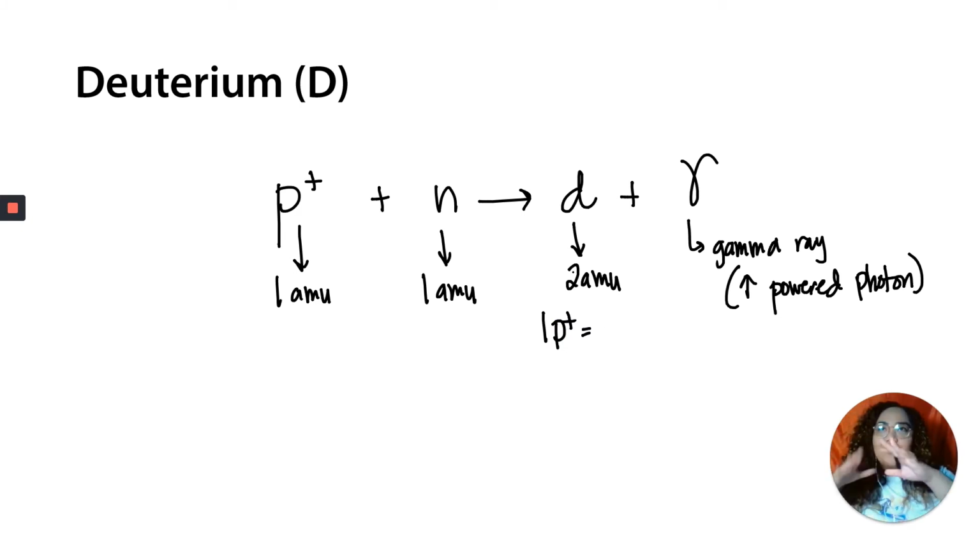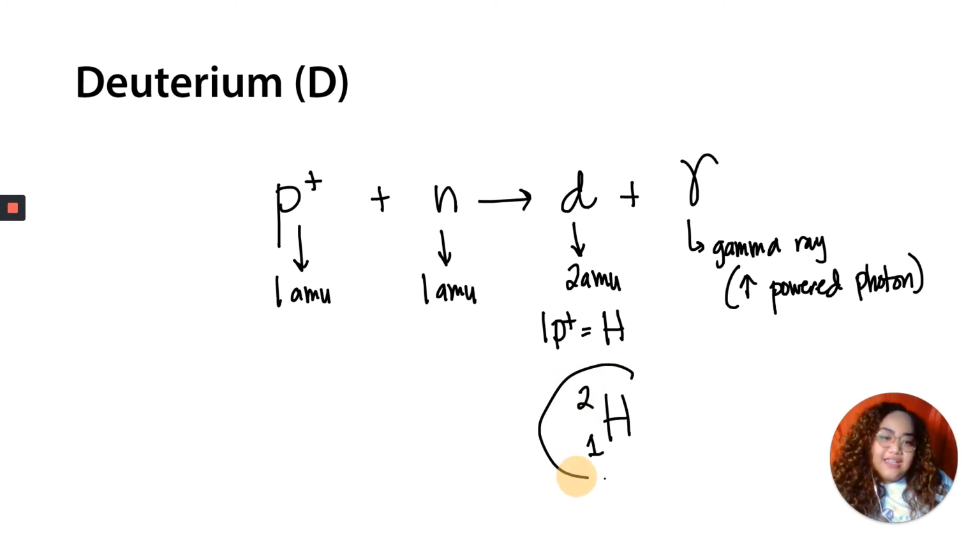So if you look at your periodic table, what element has an atomic number of 1? That would be hydrogen. Now, hydrogen will have 1 proton. Now, how about the mass? 1 AMU plus 1 AMU, how many is that? 1 plus 1, that's 2. So this is an isotope of hydrogen, that's deuterium.